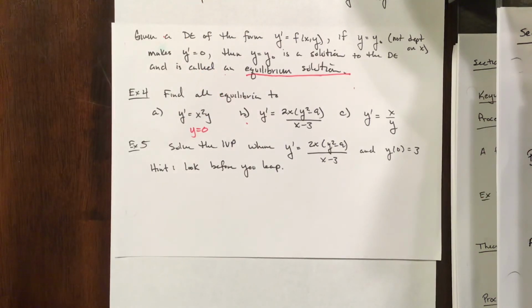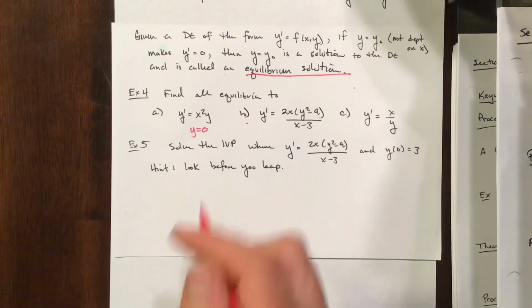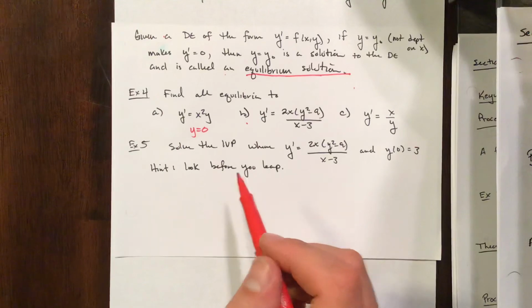And what was the last one? It was homogeneous or non-homogeneous. Well, if y equals 0 is a solution to the differential equation, we said that was a homogeneous differential equation. So this is a homogeneous differential equation.